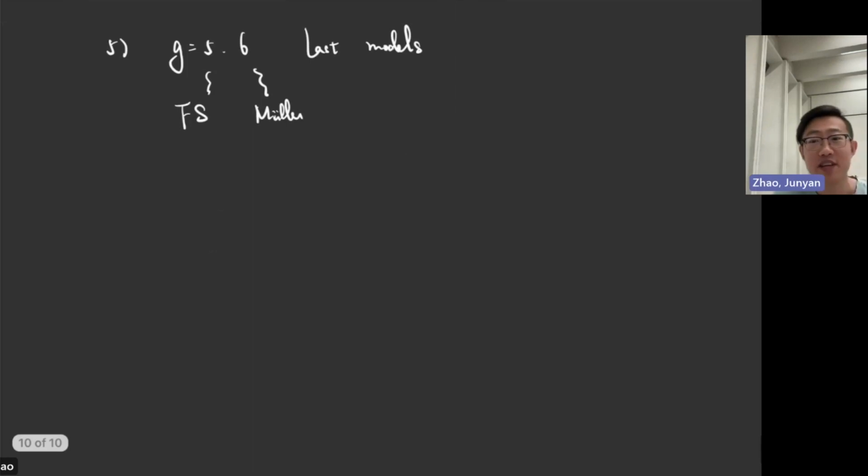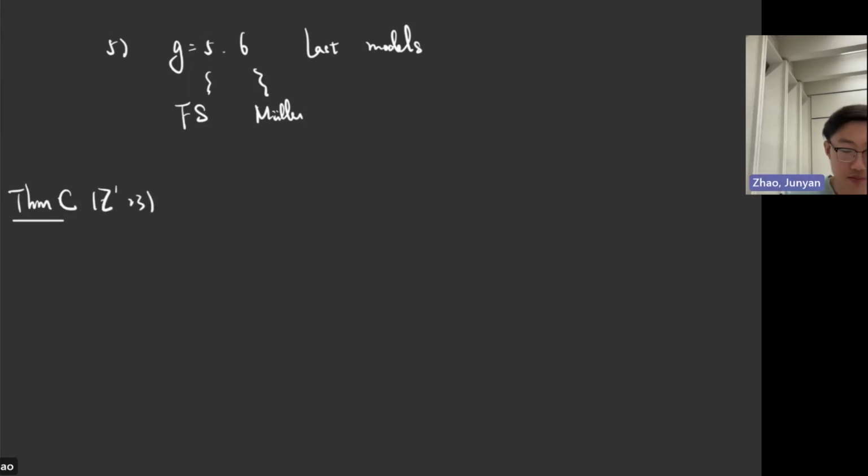But the K-moduli space we consider in this talk will give you more information about the Hassett-Keel program for genus 6. So let's call this Theorem C. This is pretty recent work.